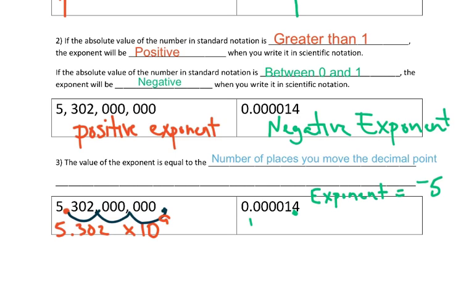The first number has to be between 1 and 10, so that's why I put the decimal after the first non-zero number. So it's 1.4. We're going to multiply by 10 to a power, and the exponent we just wrote down up there was negative 5. So this is my answer, 1.4 times 10 to the negative 5th power.